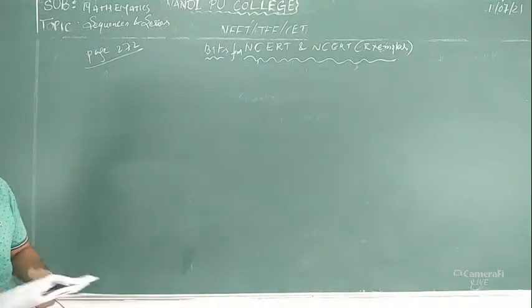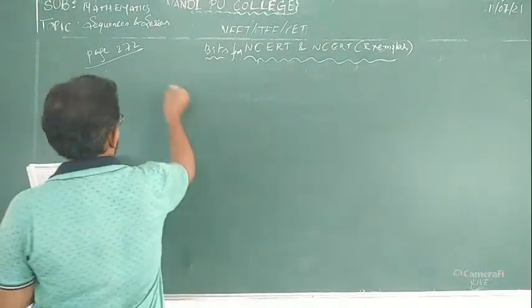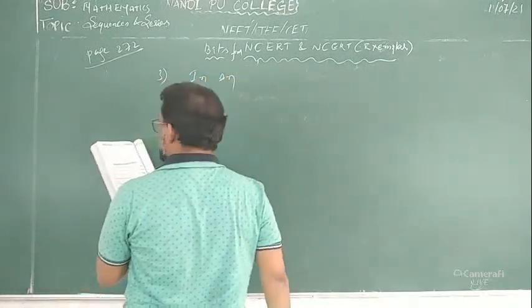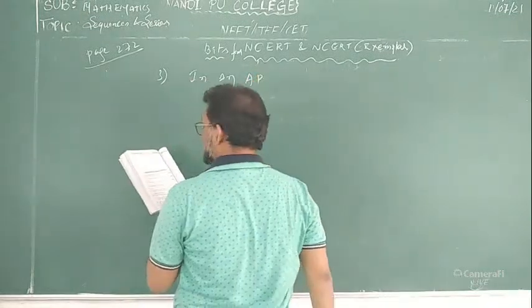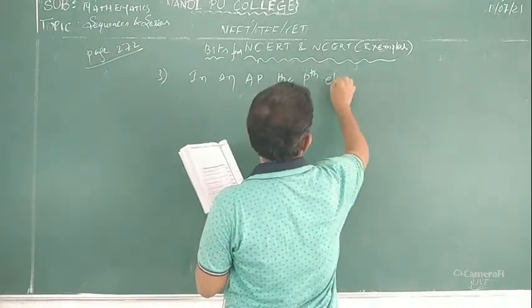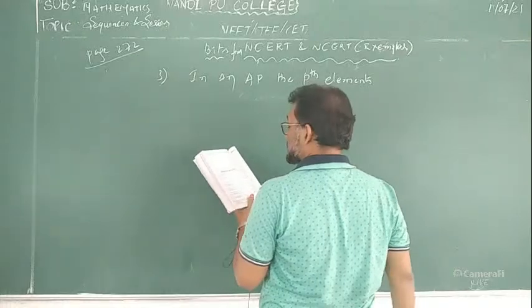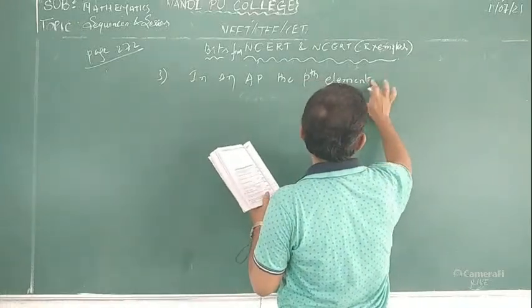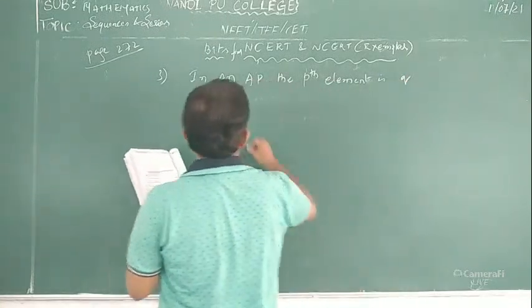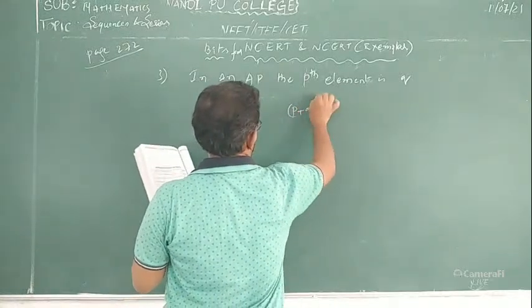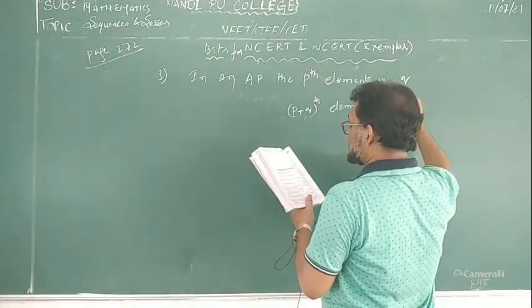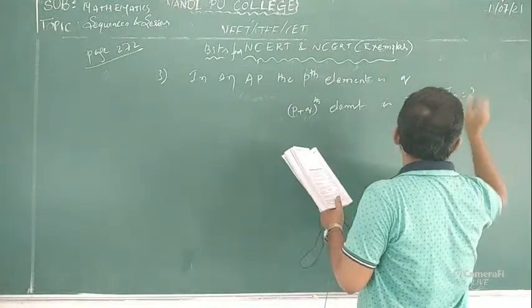Next bit, third one. In an AP, the pth element is q and the p plus qth element is 0, then find the qth element.